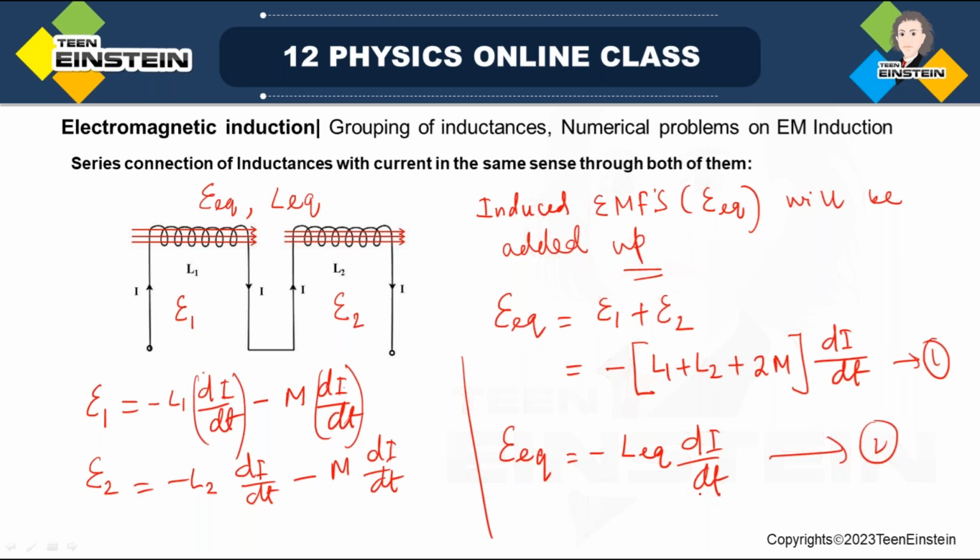Okay, so now comparing equations 1 and 2, what do we get? We get L equivalent is equal to L1 plus L2 plus 2M.